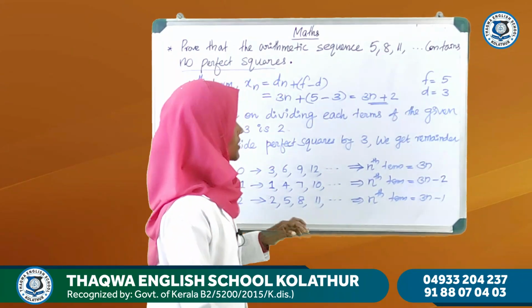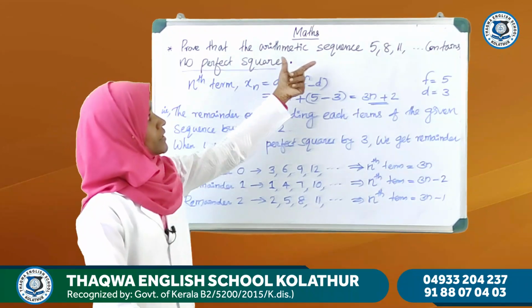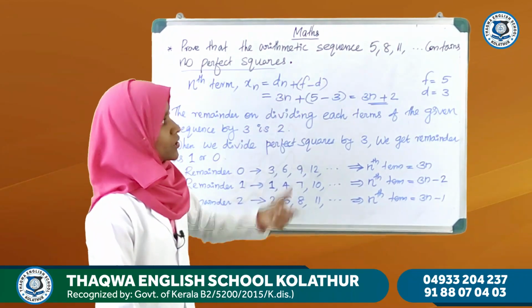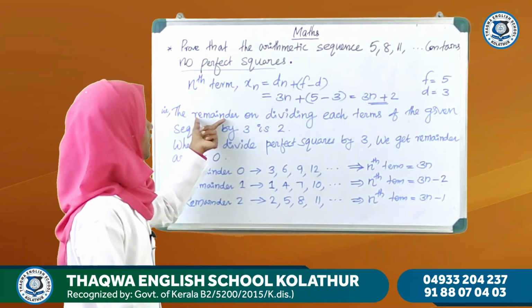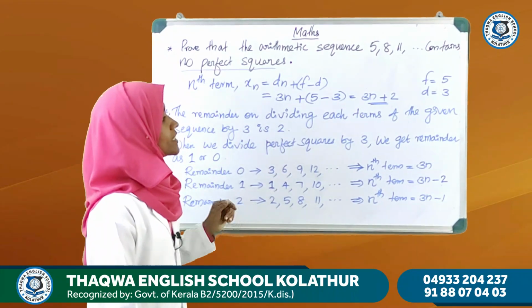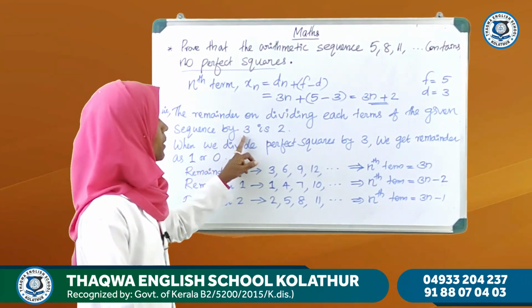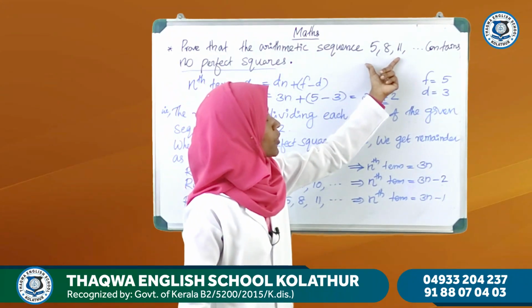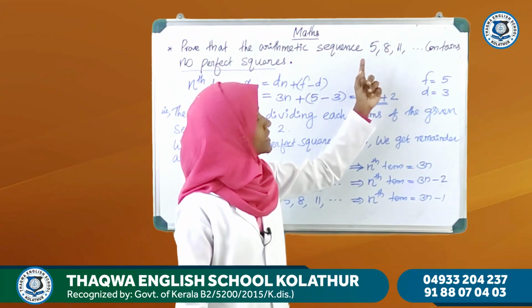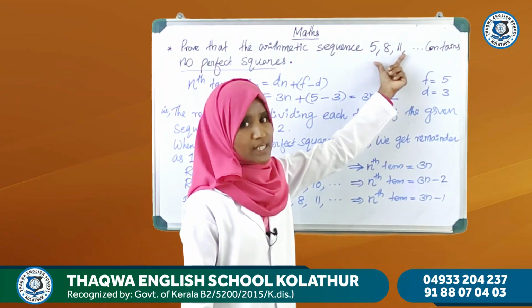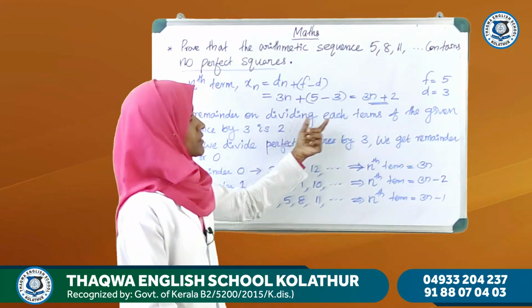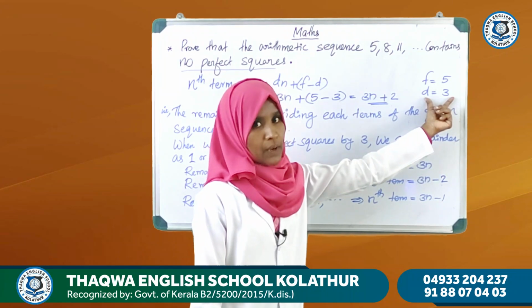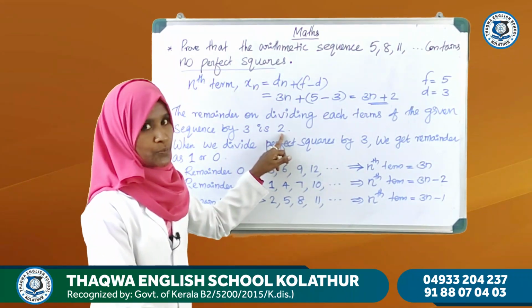That is, the remainder on dividing each term of the given sequence by 3 is 2. Okay, the remainder on dividing each term of this sequence by the common difference 3 is 2.